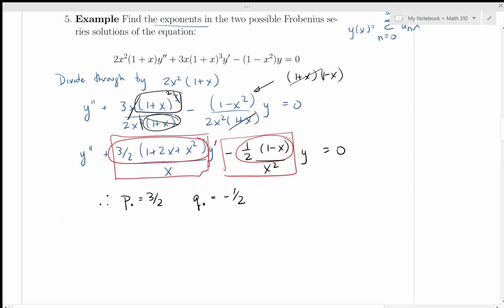So think of this as x squared y double prime plus x times (P0 plus P1 x plus ...) y prime plus (Q0 plus Q1 x ...) y equals 0. So I've identified P0 and Q0 to be 3/2 and -1/2.